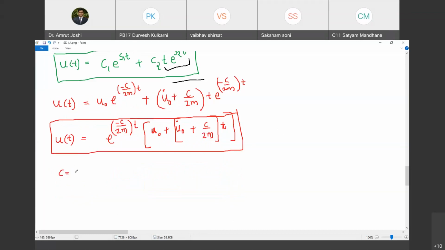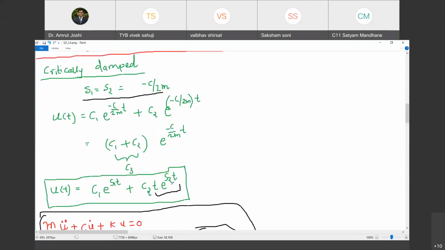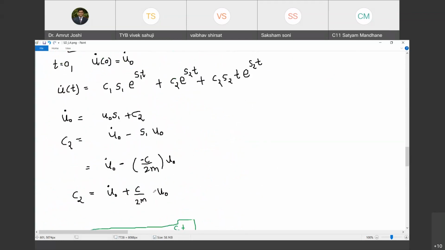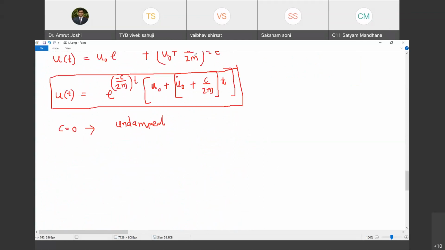C equal to 0 indicates that it is an undamped system. Are you with me? Vivek? Yes, sir. Mind you, underdamped, overdamped and critically damped are different, and undamped is different. Undamped means there is no damping at all. Are you with me, Vivek? Yes, sir. Please keep yourself unmuted for some time.